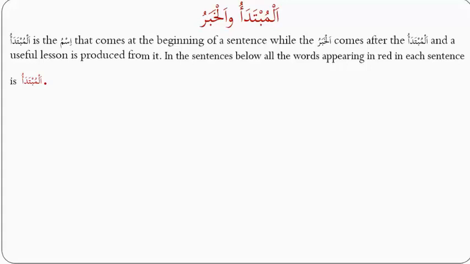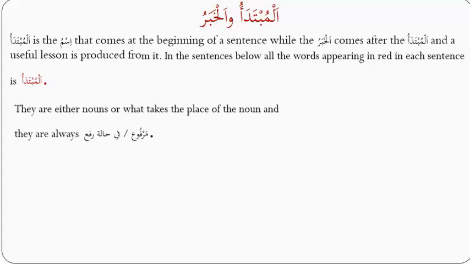In the sentences below, all the words appearing in red are mubtada, and they are either nouns or what take the place of a noun, and they are always marfu' fi halat al-rafa', right? They are nominative. In each sentence, the remainder, whatever remains in black, is called khabar.